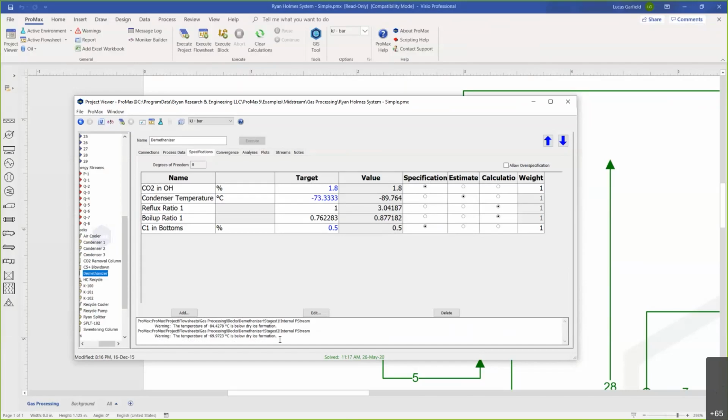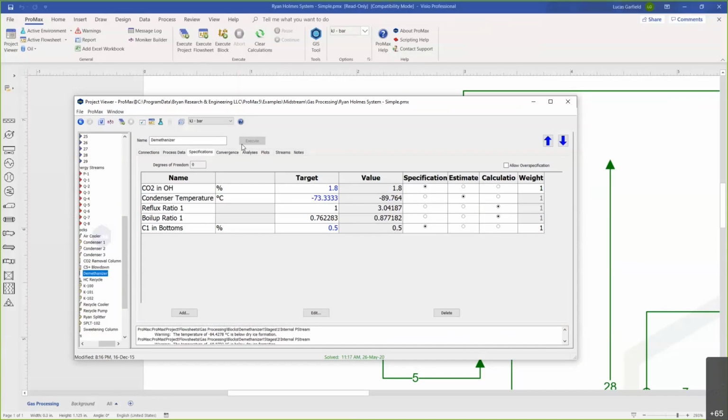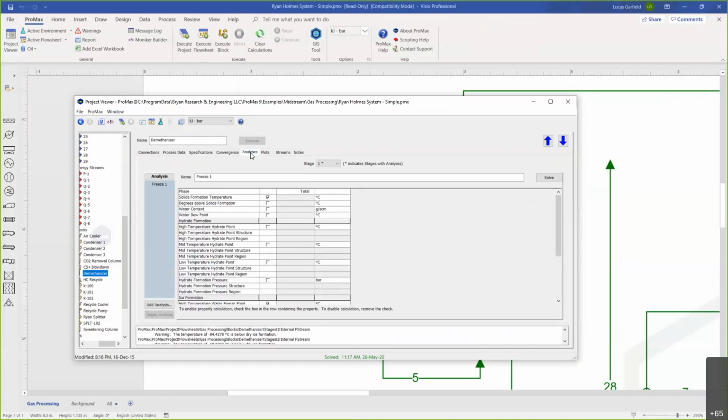So if we want to dig in a little bit further and figure out exactly what the solids formation temperature is, we can actually create an analysis just like we would create in a stream on the stage. So if I click here on analyses, you can see that I have a freeze out analysis.